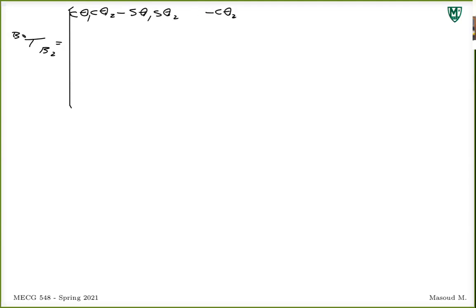Next one becomes minus cosine theta 2 sine theta 1 minus cosine theta 1 sine theta 2. This is 0. Then it becomes L1 cosine theta 1 plus L2 cosine theta 1 cosine theta 2 minus L2 sine theta 1 sine theta 2.